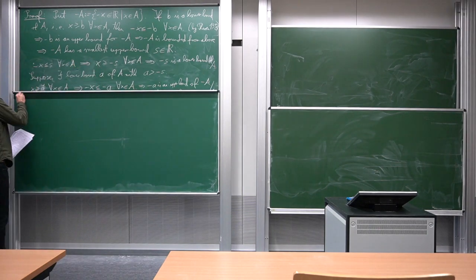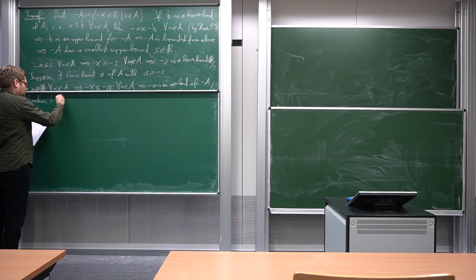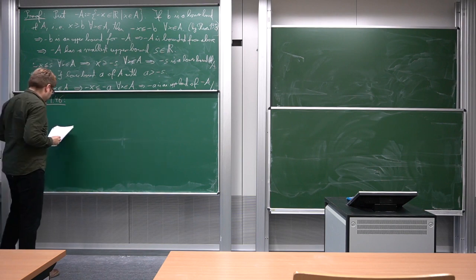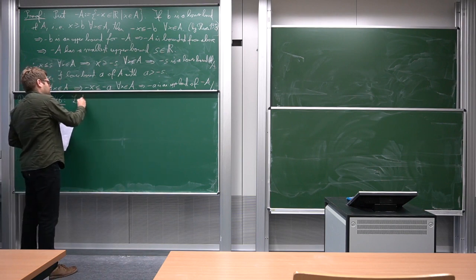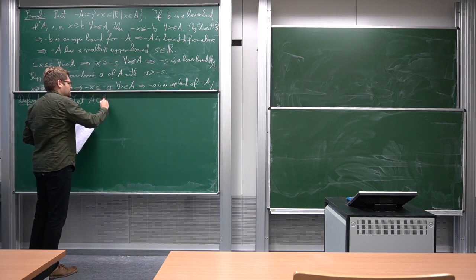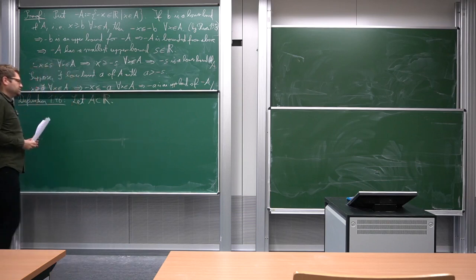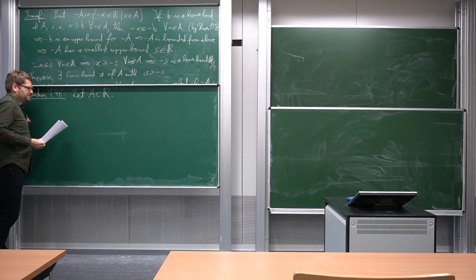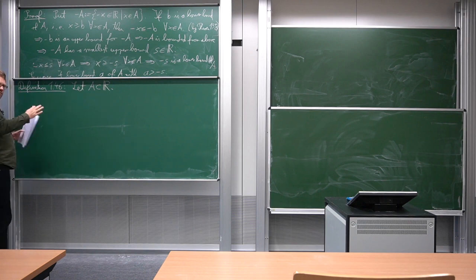Now as the next thing, I will do some additional terminology. Unfortunately, it's kind of unavoidable to have a lot of new definitions and terminology in the beginning. Namely, this time we only consider subsets of R. So from now on we will mostly work with R and later on with the complex numbers, but not with general ordered fields anymore.